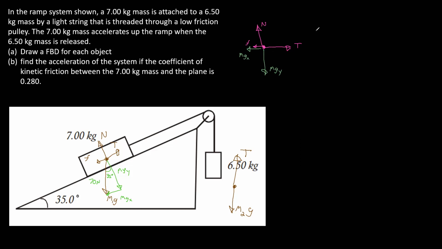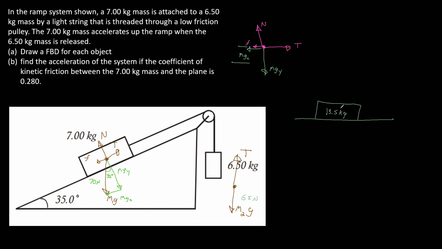Okay, so this is where it's going to get fun, because what I need to know is mgx and friction. So if I were to go straight to simplifying this problem, gravity here is simple, it's 65 newtons. That's nothing. What I've really got here is a total mass of 13.5 kilograms, right?